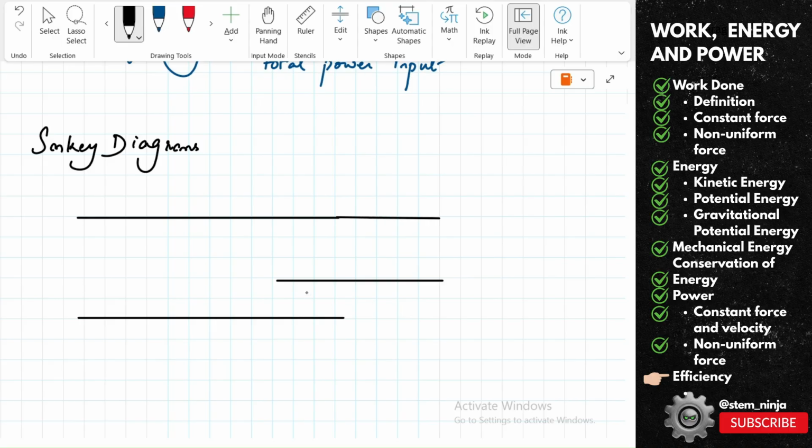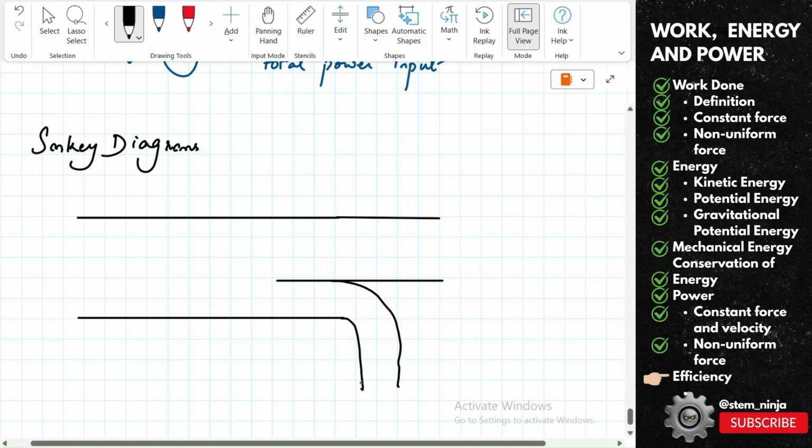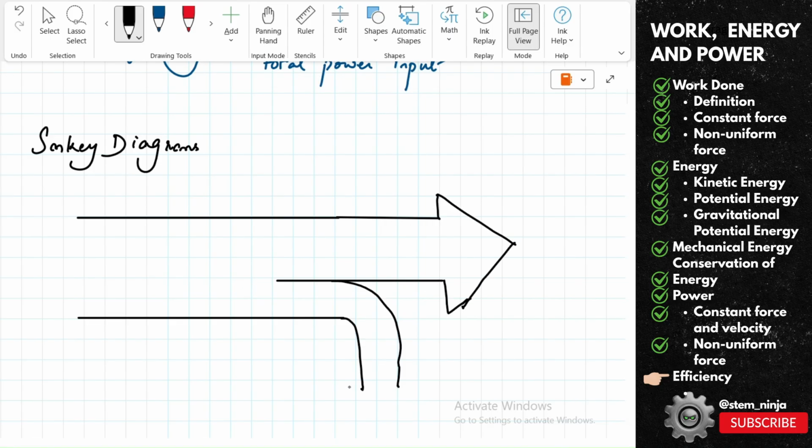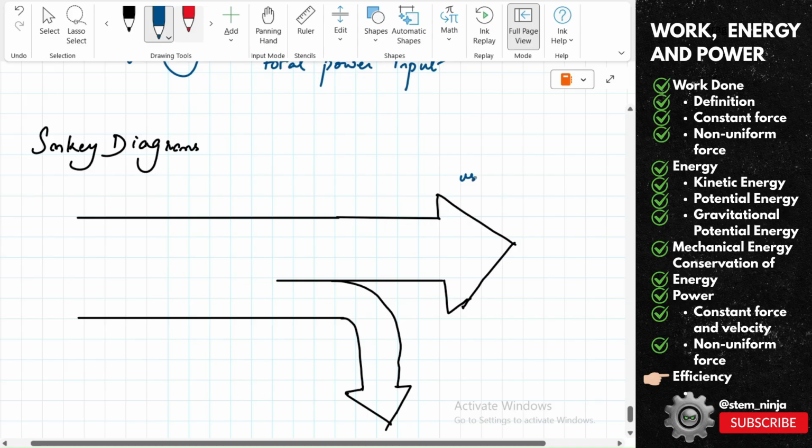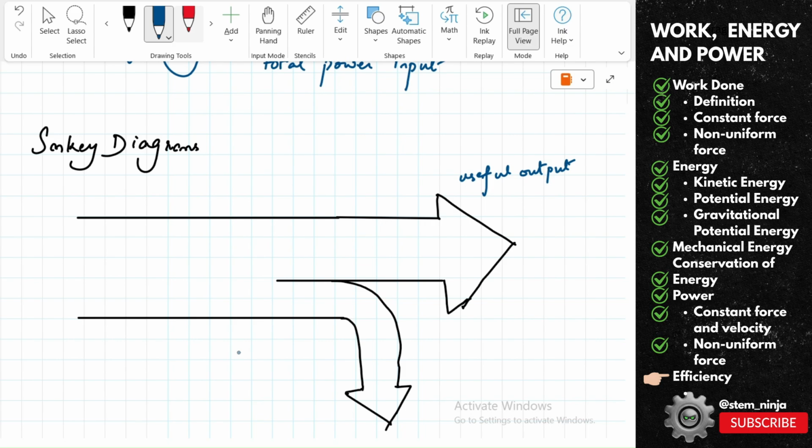So for example, like this, and this would represent the useful output, whatever this is, energy, power, and this is lost energy or power.